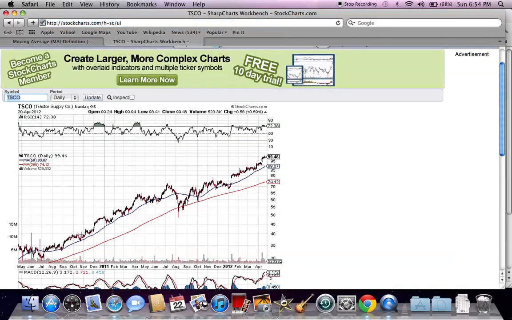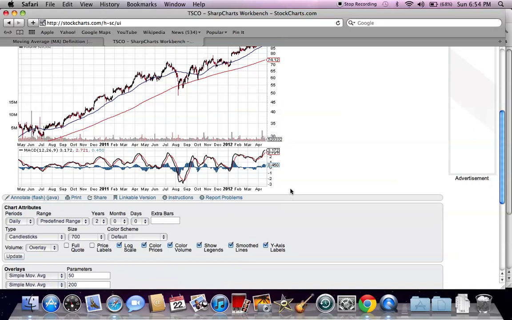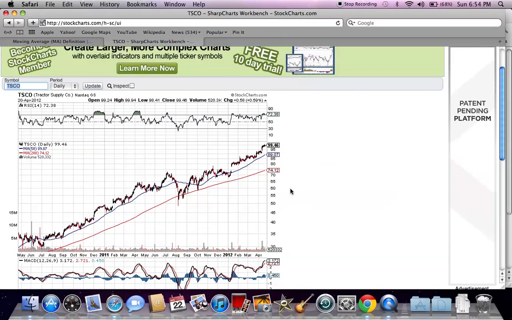This is a long-term chart for 2 years of Tractor Supply Company, and the blue line is the 50-day moving average. Notice the multiple times, 1, 2, 3, 4, 5, 6, 7, 8, 9 times in the last 2 years, Tractor Supply Company has bounced off its 50-day moving average.